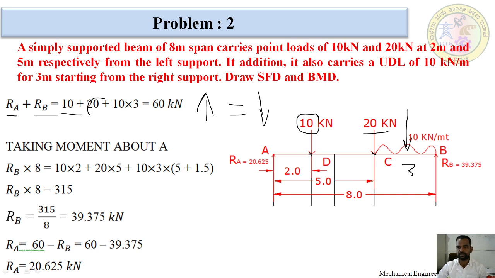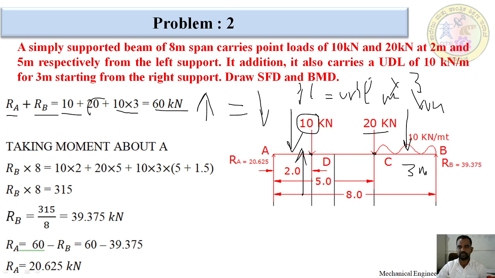The conversion formula is: point load equals UDL magnitude into UDL distance. UDL magnitude is 10 kilonewton per meter into UDL distance 3 meter, so 10 into 3 is equal to 30 kilonewton. Total downward is 10 plus 20 plus 30, which is 60 kilonewton.